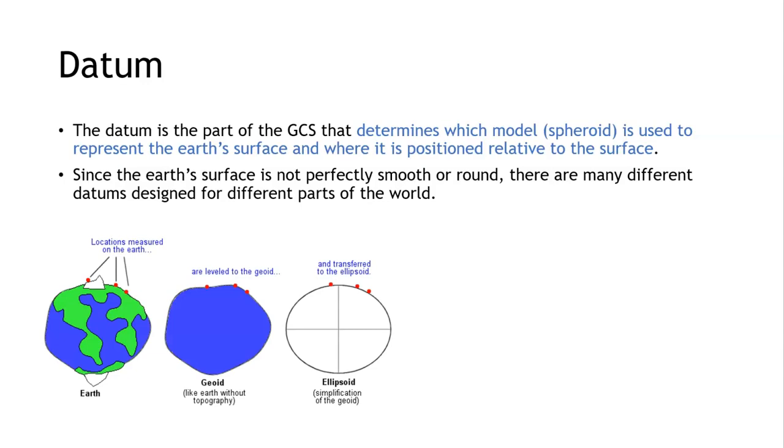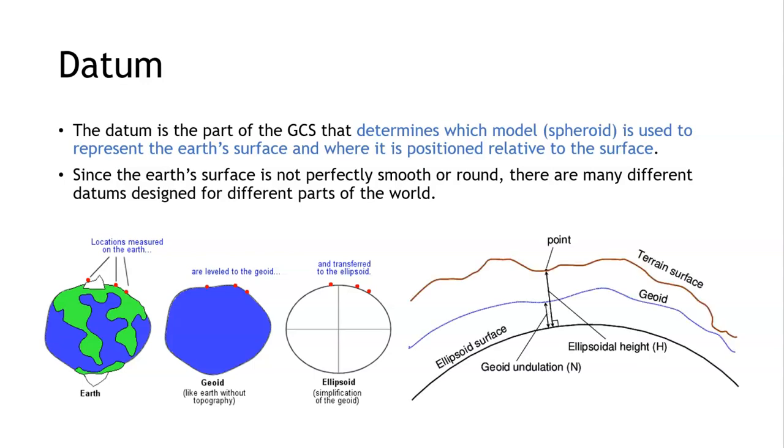Refer to the first picture. The reality of Earth is something like this. We try to approximate the surface of the Earth in terms of a geoid, and the other approximation is the ellipsoid, and these two represent some sort of simplification of the surface of the Earth, but the reality is something different.